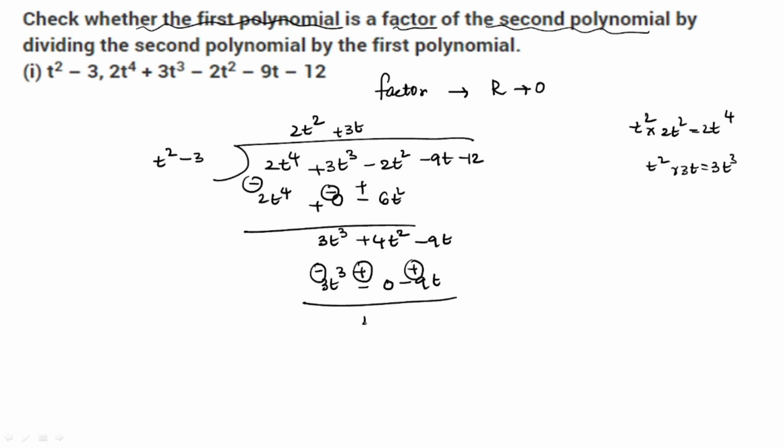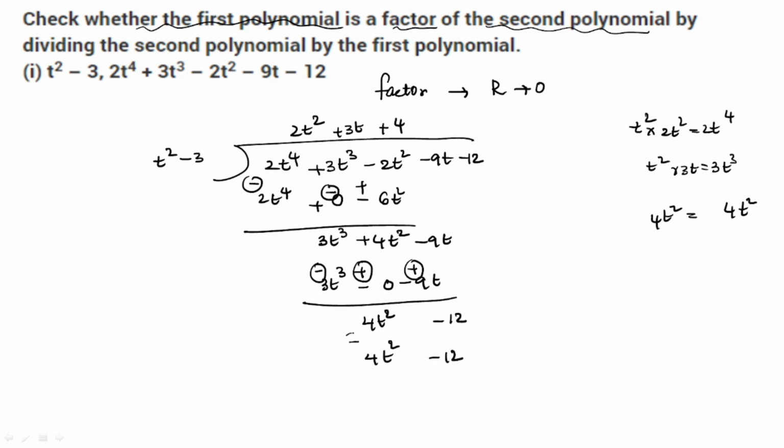you will be left with 4t square, and this will become 0 here, and you will bring down the next, that is minus 12. So the only thing to make it equal to 4t square is you just have to add the numerical quotient, multiply it with 4. So you will add 4 here. It becomes 4t square minus 12.